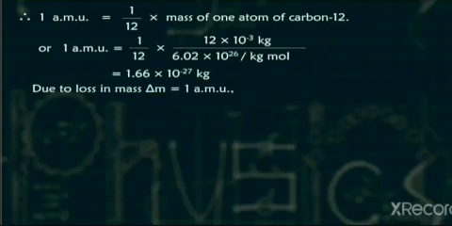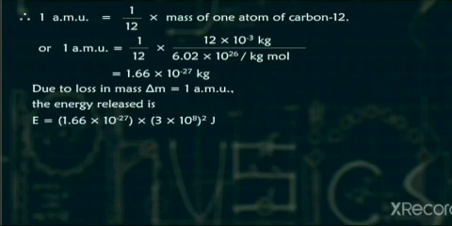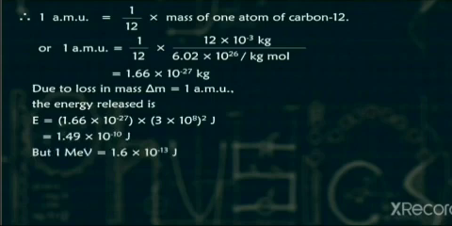Due to loss in mass, Δm = 1 AMU. The energy released is E = 1.66 × 10^-27 × (3 × 10^8)² joule = 1.49 × 10^-10 joule. But 1 mega electron volt is equal to 1.6 × 10^-13 joule.